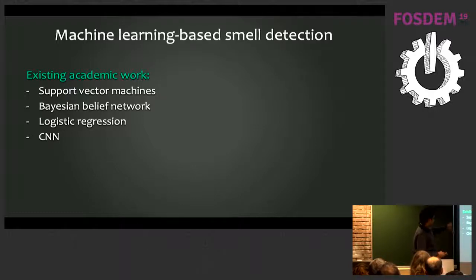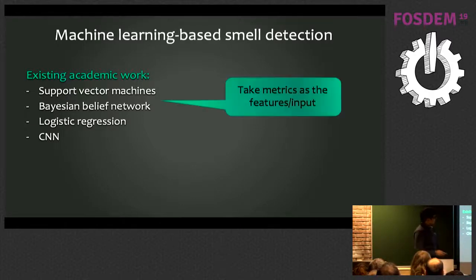And for the first 3 of them, the feature set or the input is metrics, object-oriented metrics typically. And that's basically a double-edged sword. At one end, you are trying to help the machine learning algorithm to pick the classification feature very quickly, so that the algorithm can decide whether it's a smell or non-smell.